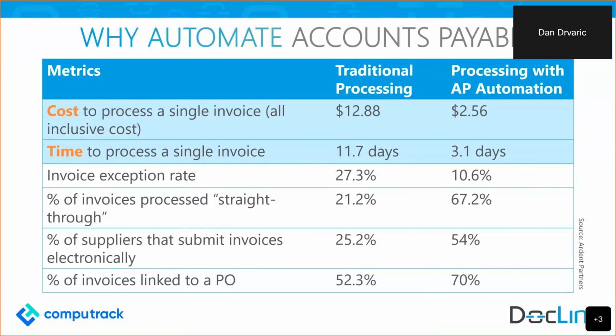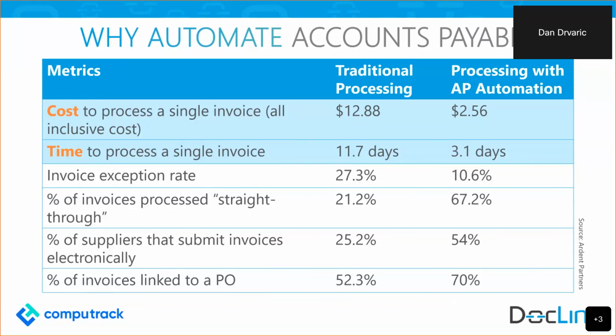But in a traditional paper-based processing mode, the cost to process a single invoice from start to finish can be about $13. But in an automated process with DocLink, a very efficient process, we can cut that cost down to $2.56.